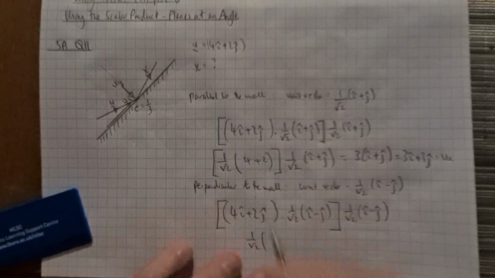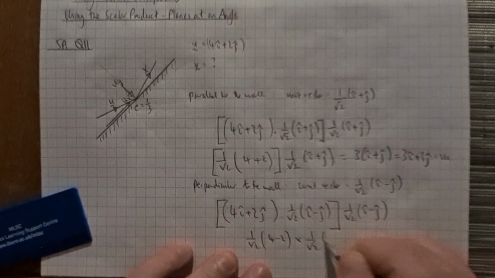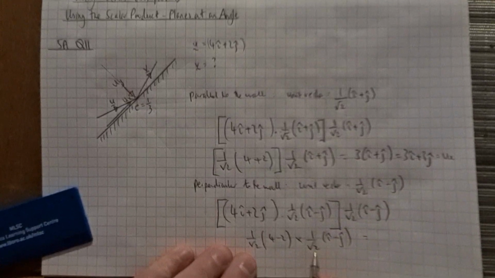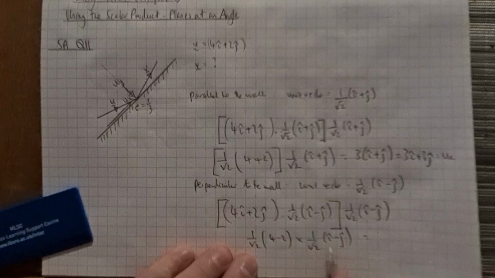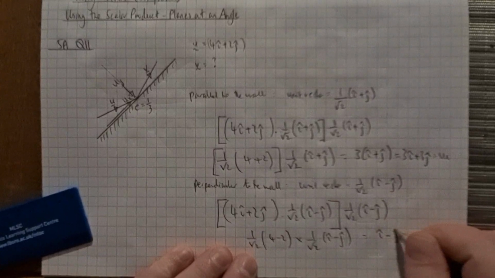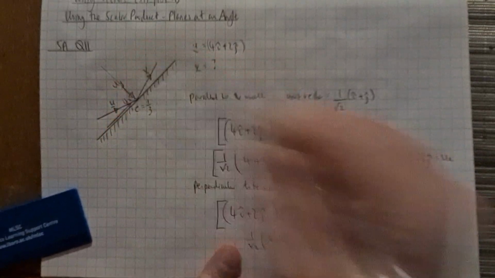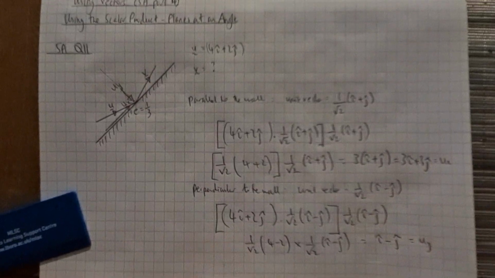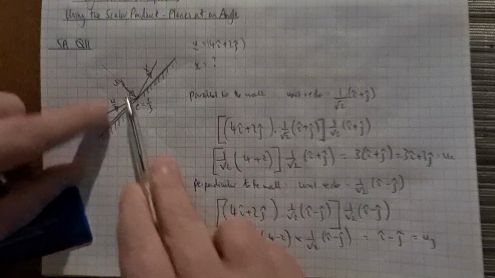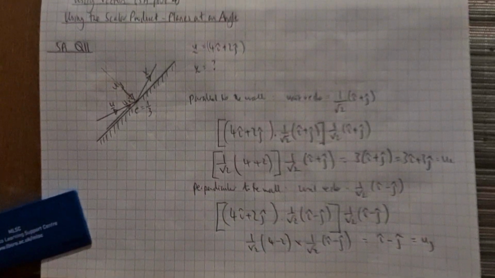This time it's going to be 4 minus 2 times 1 over root 2 times i minus j. So 2 over root 2 times 1 over root 2 is 2 over 2, which cancels out, so we just have i minus j. And that is what equals uy on our diagram. It's worth checking that it makes sense: you can see that originally it's positive i, positive j, and this is a positive i and a negative j, just to make sure you've not made any slip-ups.